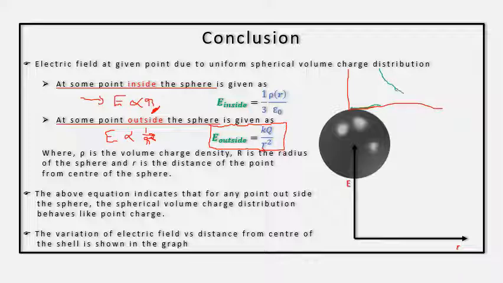Outside we still have the same nature, but in case of a shell we had a discontinuity here. Inside electric field is 0, outside it suddenly goes from high value to low value. So there was a sharp discontinuity in electric field in case of a shell, which is not the case here.